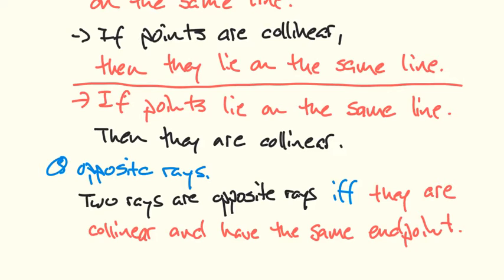By the way, notice we've got this "and" in here, which makes this technically a conjunction in this definition. There are two parts to this definition. So the rays, to be considered opposite rays, have to first be collinear and have the same endpoint.